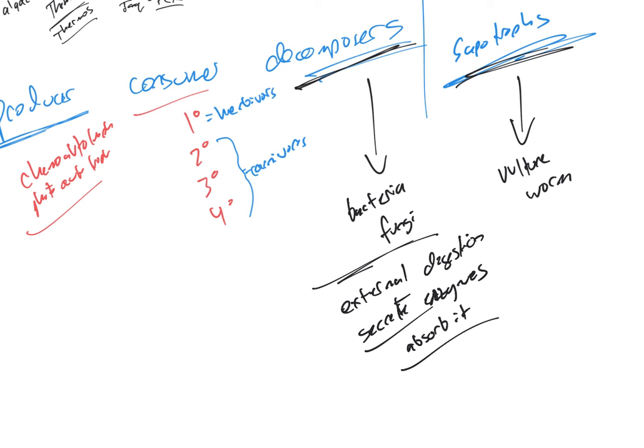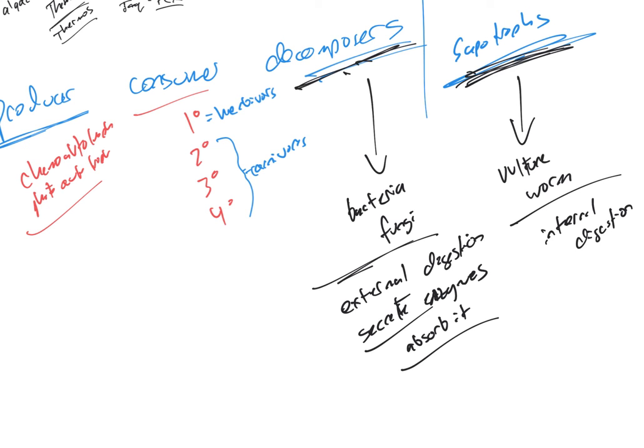Whereas saprotrophs have internal digestion. So a vulture, even a pig is part saprotroph. So vultures, worms, pigs, they will eat dead, decaying organic material.